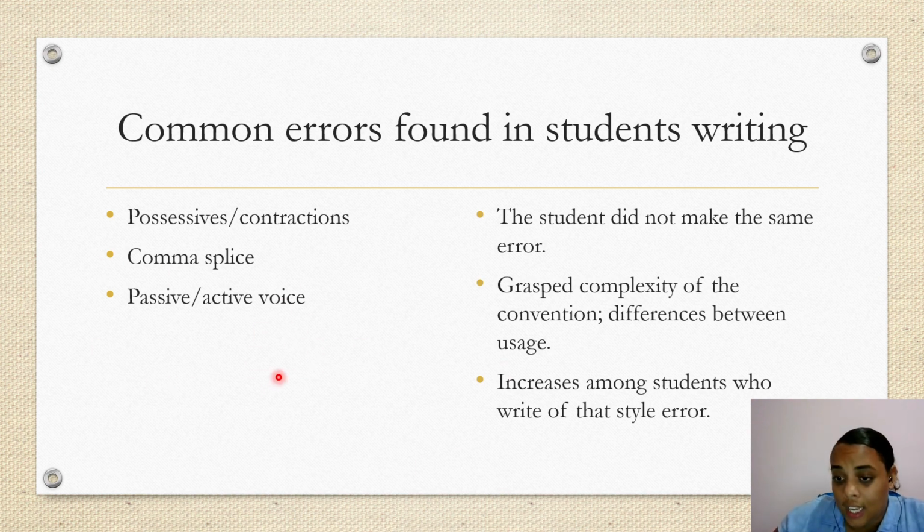And secondly, that professors encourage students to write in active voice, but the sources that they're reading are written in passive voice. So he says that in that sense, it's kind of a contradiction, and it may have influence on this particular error.